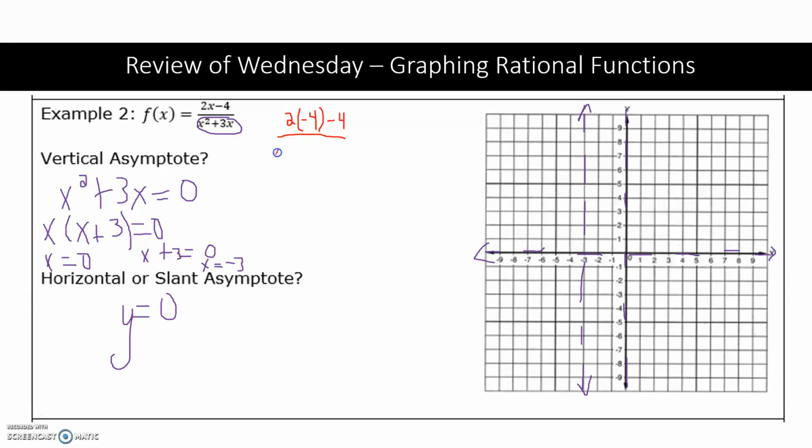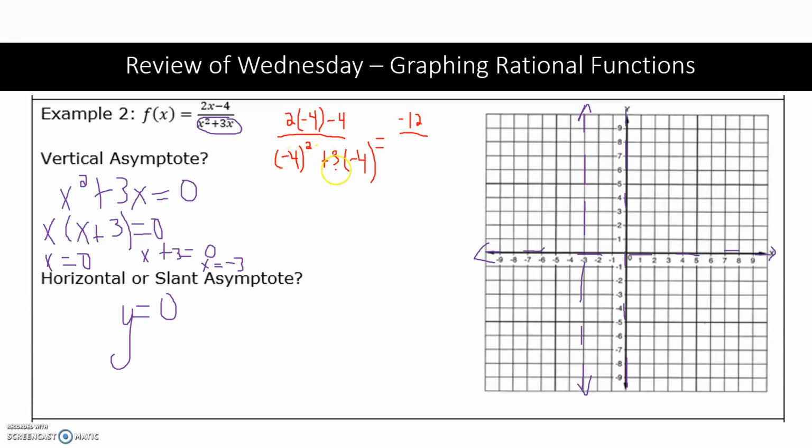over negative 4 squared plus 3 times negative 4. Okay. So that's negative 8, and minus 4 is negative 12.